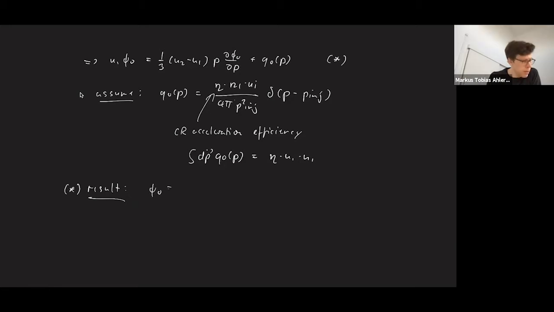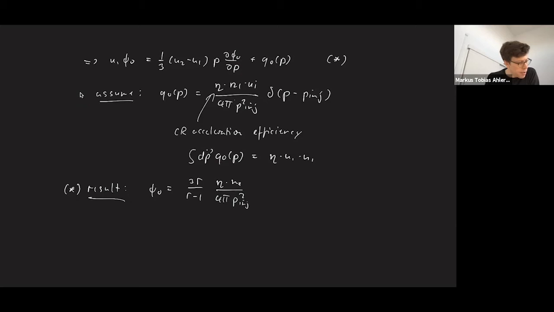Phi 0 is given as 3r over r minus 1, and I will tell you in a second what r means, times eta times n1 divided by 4 pi p_inj squared.